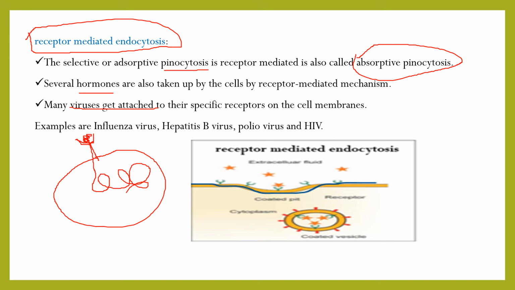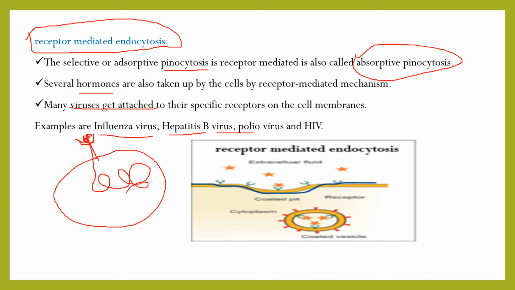Anyways, viruses, for example, influenza virus, hepatitis B virus, polio virus, and HIV too, can enter into the cell through the receptor-mediated endocytosis mechanism.